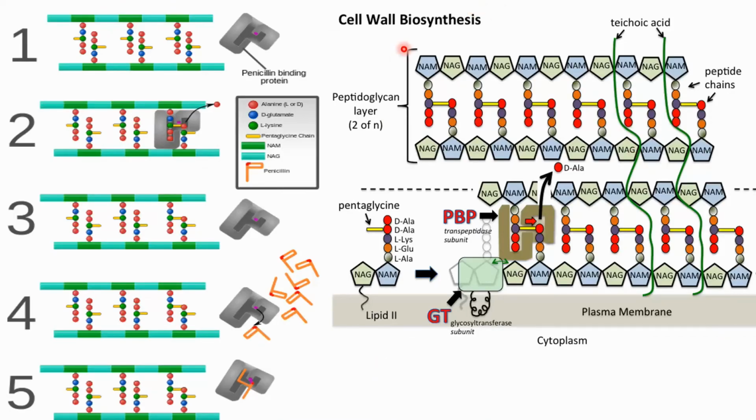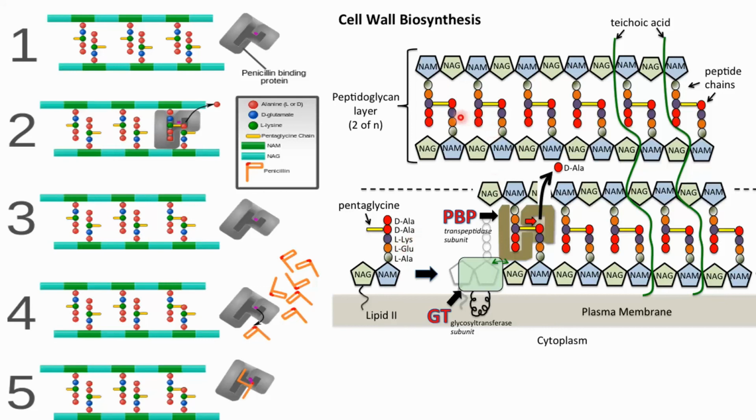Here you can see in the diagram how cell wall biosynthesis takes place. You can see the red colored ball. Here you can see a bead chain, which is basically the peptide chain. The red color indicates alanine, and this alanine generally binds with lysine, which is the dark purple color.